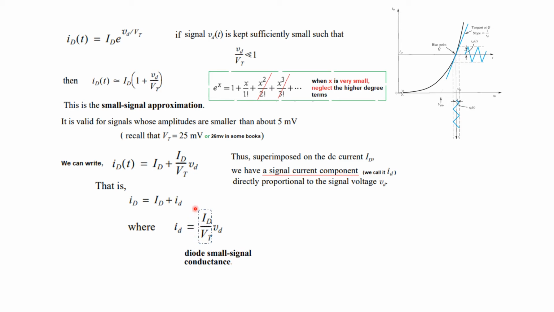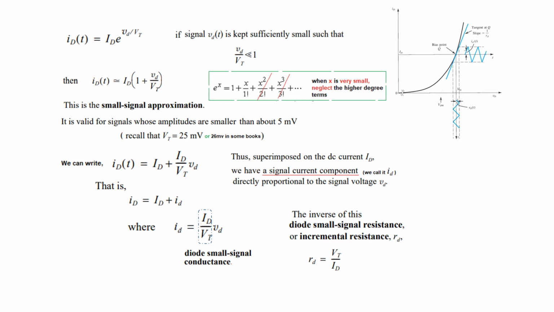And this term here we can call the conductance. I hope you know what conductance is. We know that R is V over I, and the conductance is the opposite of that, that is I over V. So I over V is called the conductance for the small signal diode, and the inverse of this will be called the incremental resistance rd.